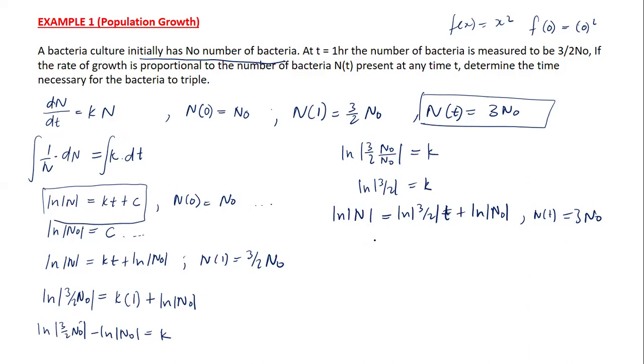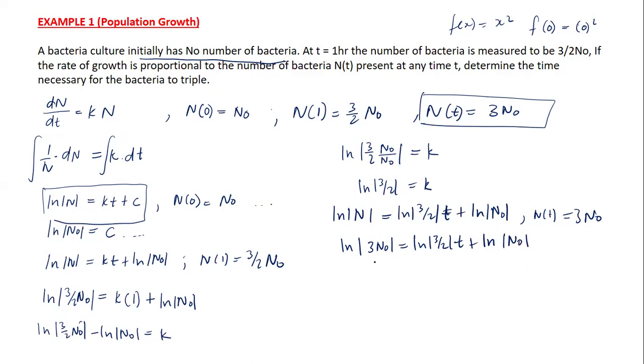So that means we have ln of 3 n naught is equal to ln of 3 over 2 multiplied by t plus ln of n naught. Remember, t is what you're looking for. That's why I left it as it is.